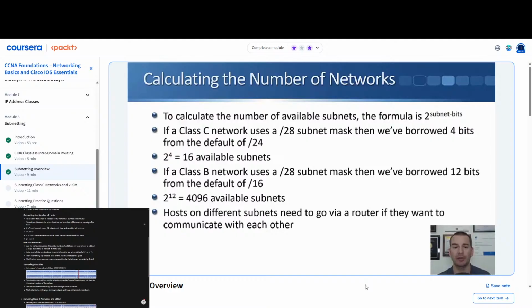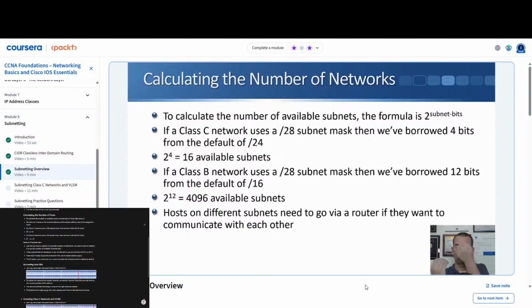Another example, if a Class B network uses the same /28 subnet mask, well, the default for a Class B is /16. So if we subnet that to a /28, we've borrowed 12 bits. To see how many subnets we're going to get, it is going to be 2 to the power of 12.